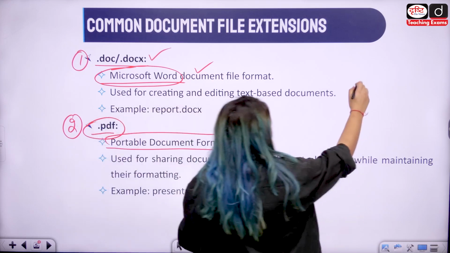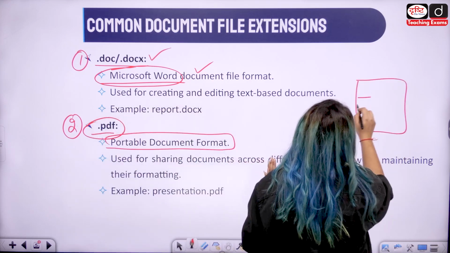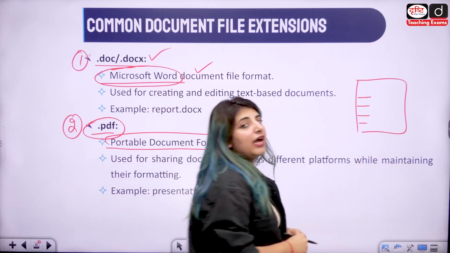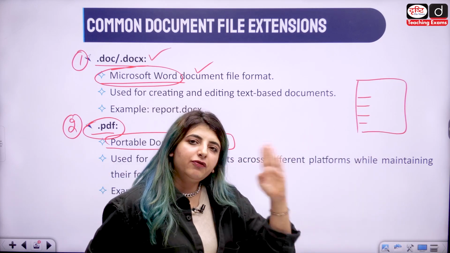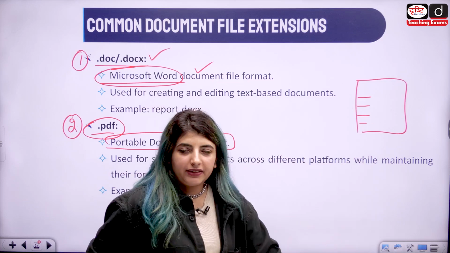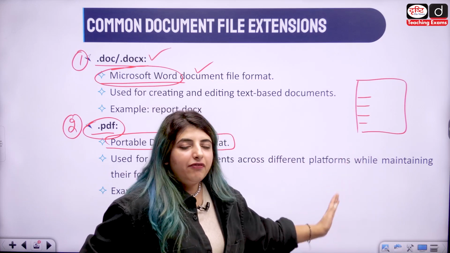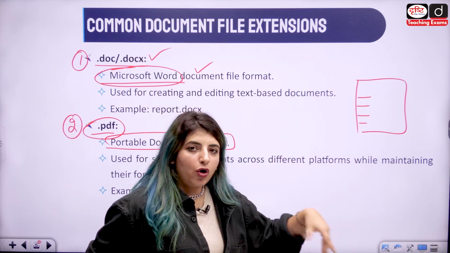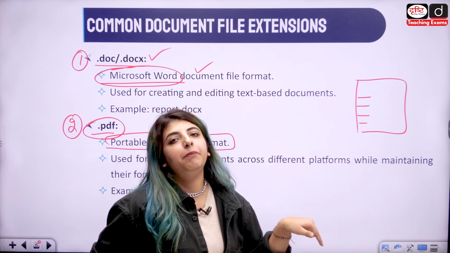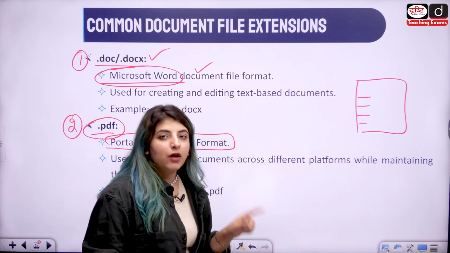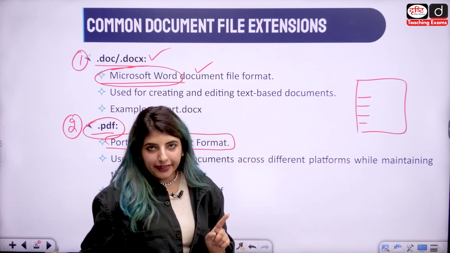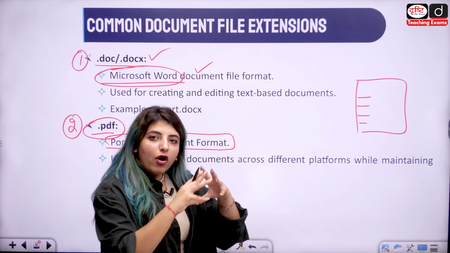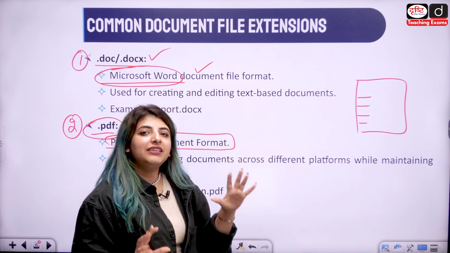Let's say you made a document and left half an inch margin from the beginning of the paragraphs. If you save the same file from Microsoft Word as a PDF with the extension .pdf, the formatting will remain as it is.